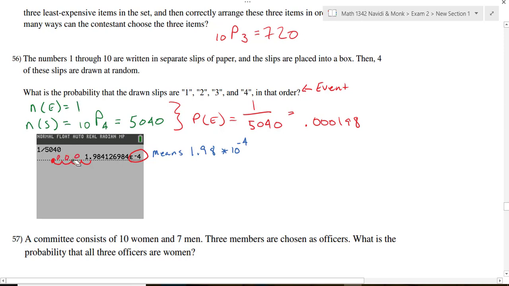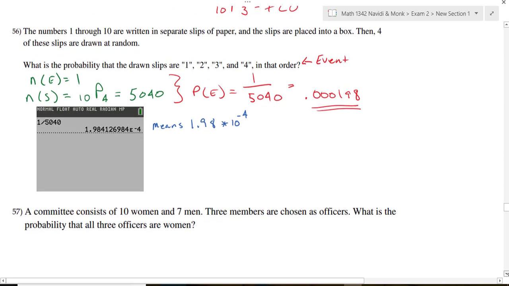So that's 0.000198. By changing the scientific notation to standard notation, I get the answer that I want. Remember, probabilities have to be a number between 0 and 1. When you just look at this, that's not a number between 0 and 1. If you see a number that's bigger in a probability, look for that negative exponent there. That E stands for exponent.